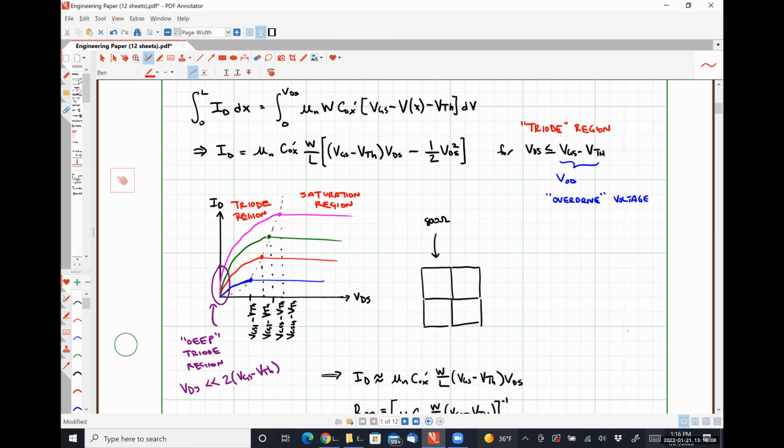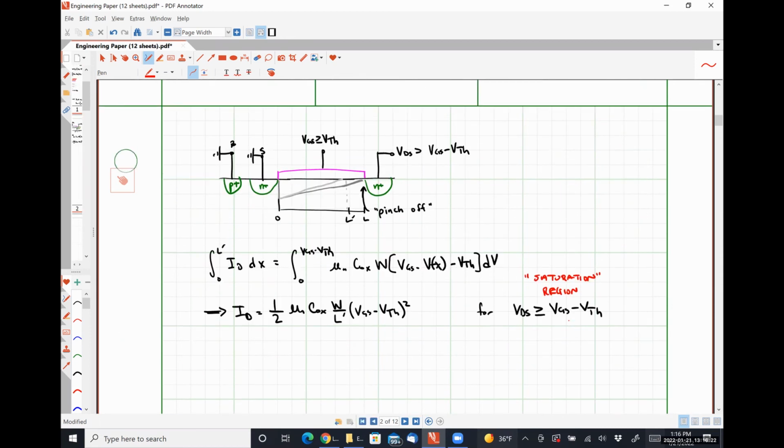And then, like I mentioned a moment ago, the concept of channel length modulation is effectively the same thing as, or at least it looks the same as, the early effect did for BJT. So, channel length modulation.